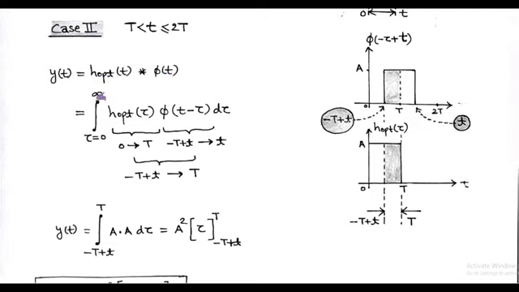So we simply write the formula, that is the integration of h(tau) phi(t minus tau) d tau.